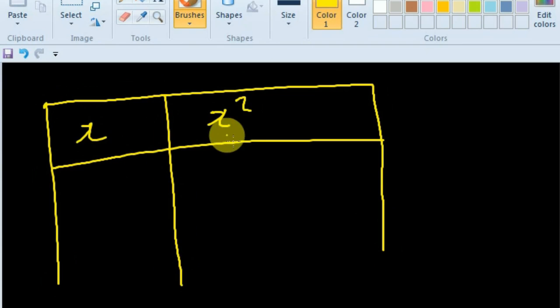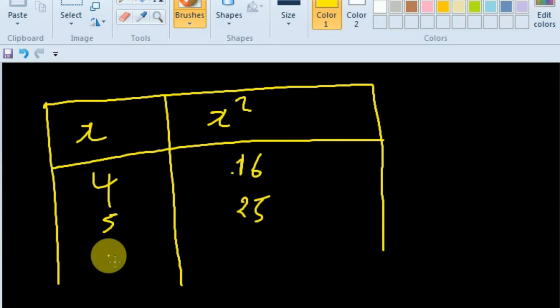So I'm just going to have x and x squared. So for the first one, I have 4 squared, that's 16. Then I also have 5 squared, that's 25. Then I also have 6 squared, that's 36.